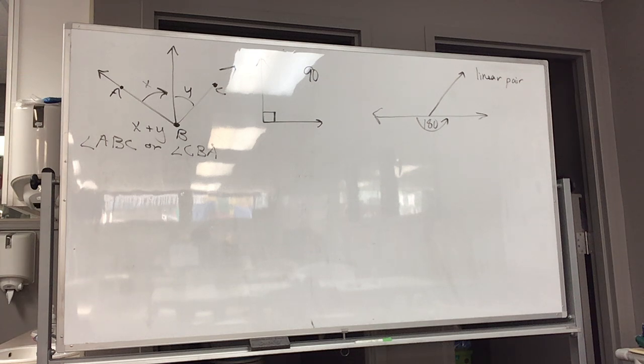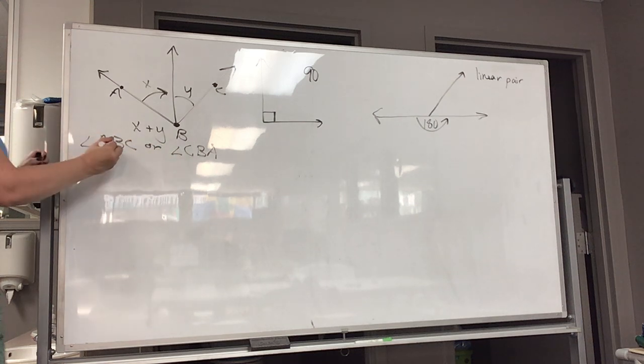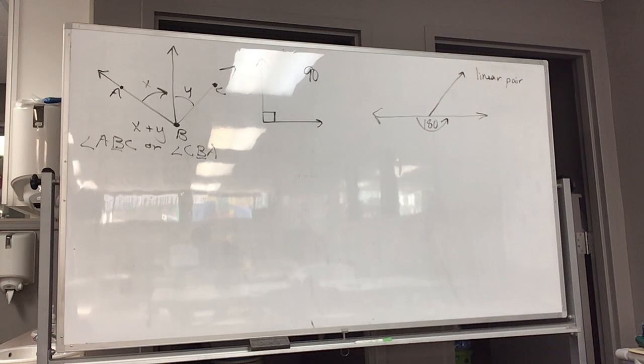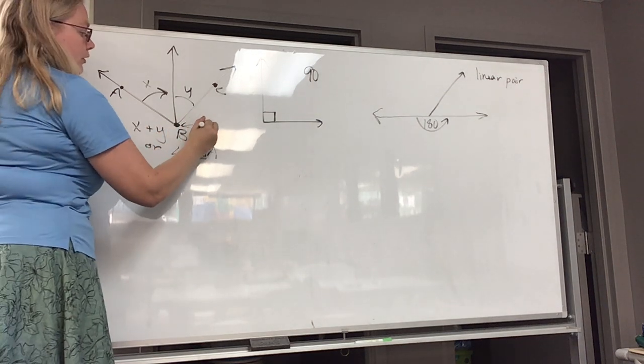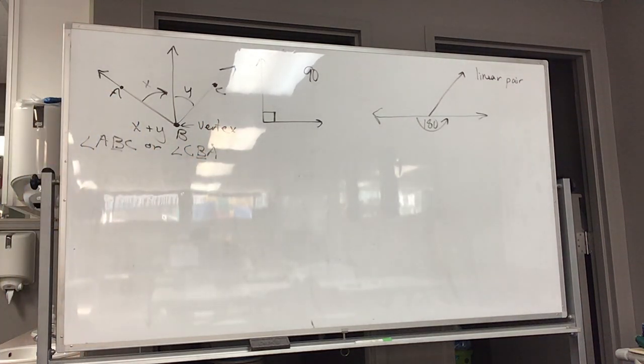The important part is that this corner is always in the middle. And so you are literally tracing the angle with the three letters. This corner is called the vertex.